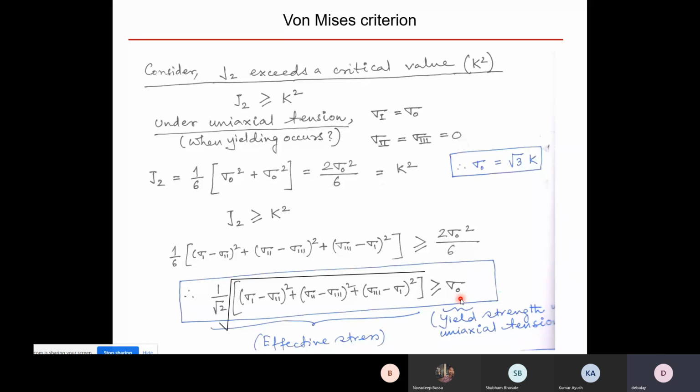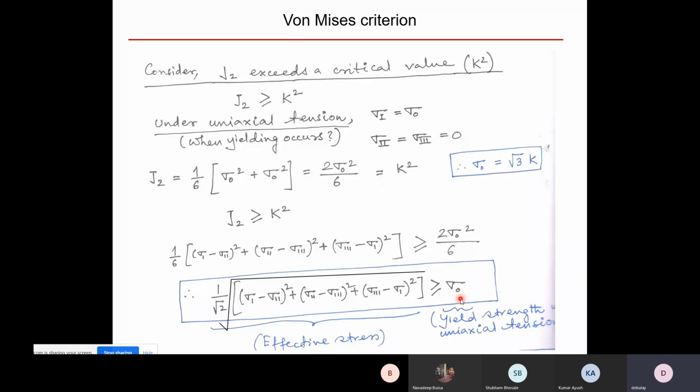So for distortion or deformation to happen, there should be a stress imbalance. The stress in all directions should not be the same. There should be a difference between them. And the more the difference, the easier it is: at a lower applied stress, you will get the deformation to occur.